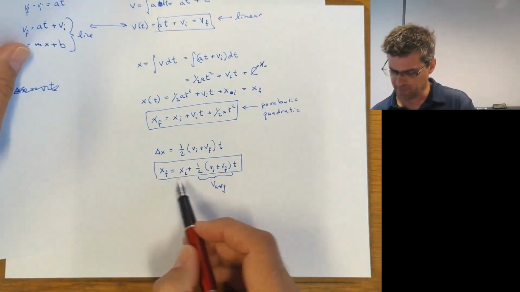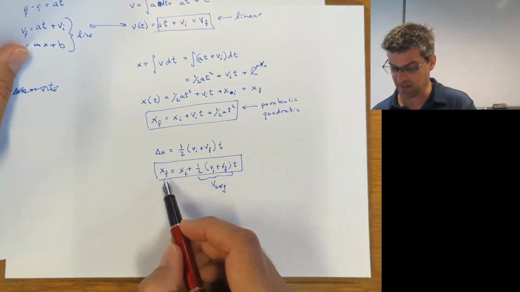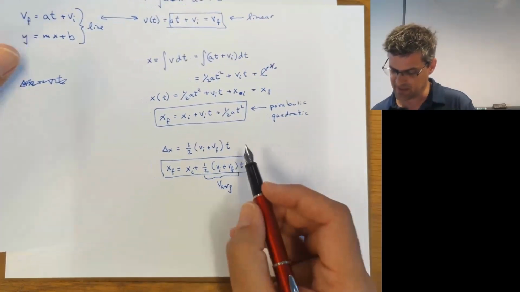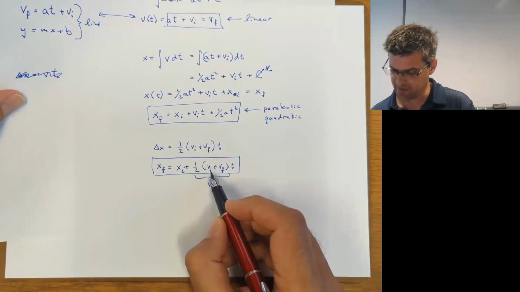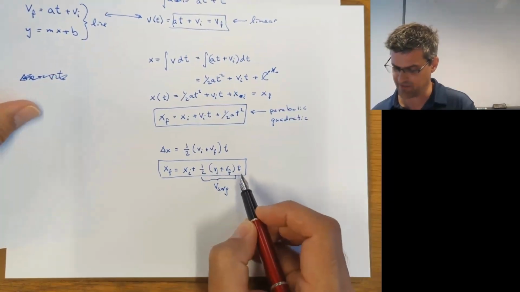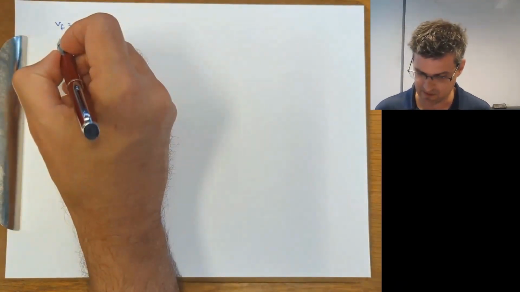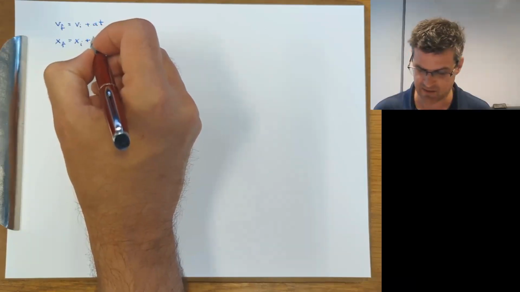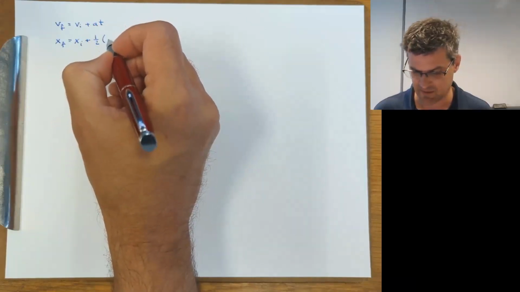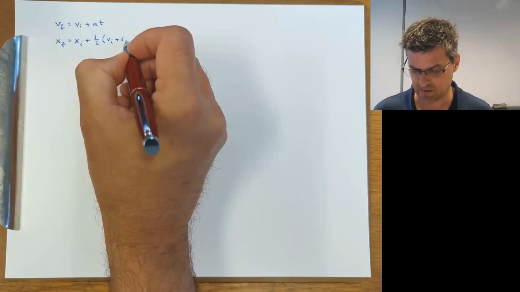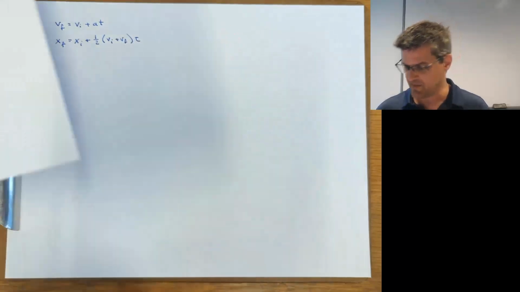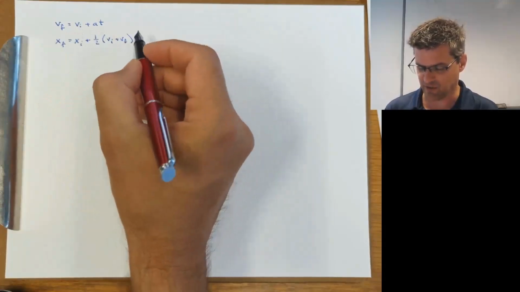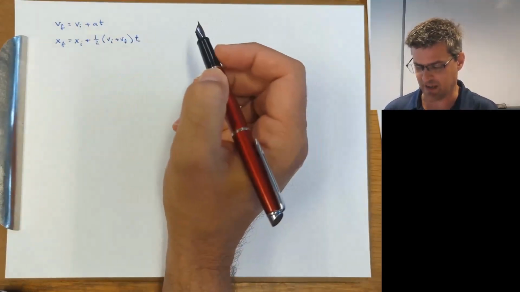One of them is this, x final is equal to x initial plus 1/2 (vi plus vf) times t. And these are relatively straightforward. I think we would all agree that these are okay, just graphically looking at Mathematica.